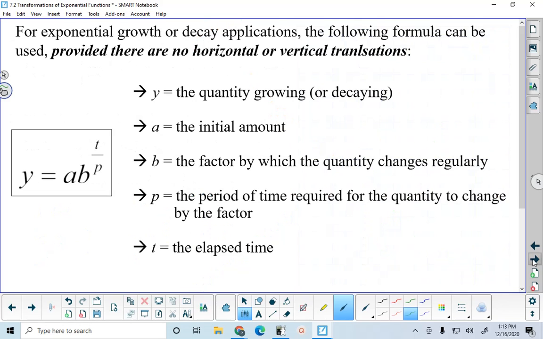All right, hopefully that gives you an idea of how to deal with transformations. Usually the types of questions you're given would be multiple choice, where you're given different graphs and asked to identify the equation. What I'd like you to do is look at your formula sheet, please, for this next little bit of business.